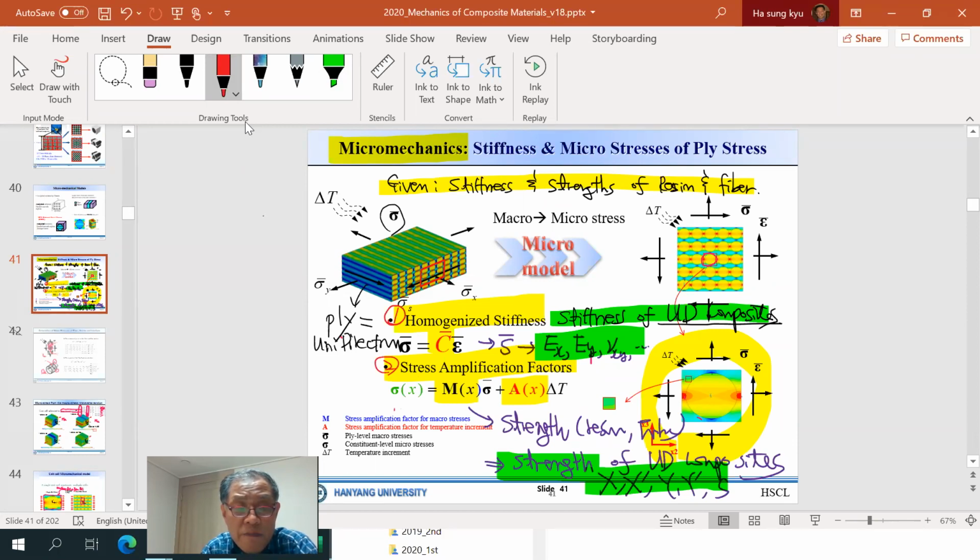And using the stress amplification factors, we can calculate strengths of the UD composites. So basically, once we have fiber and resin, through these micro models we are able to get all the material properties we need in design of the composites. Okay, so this is the most important slide.